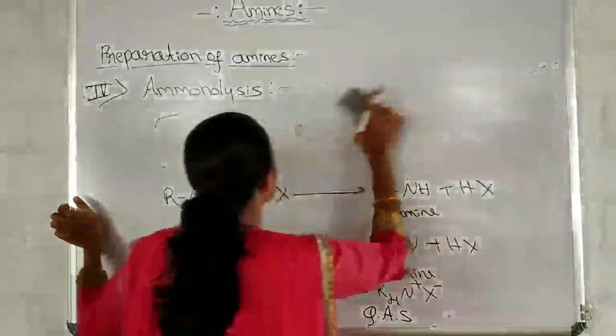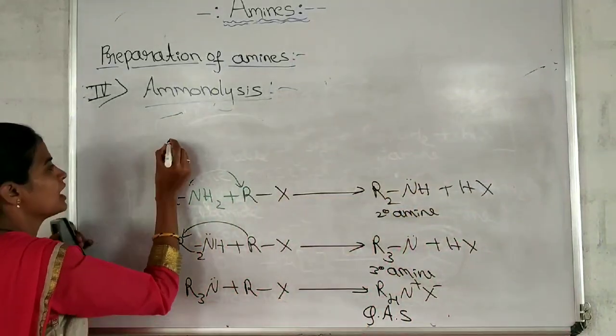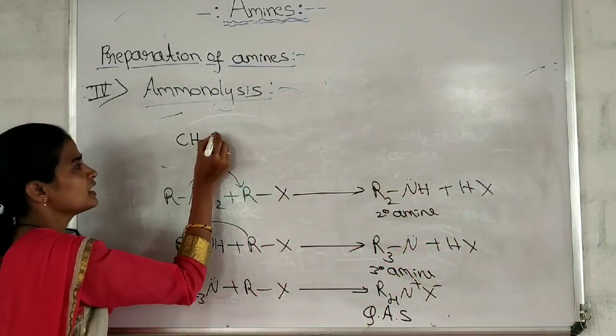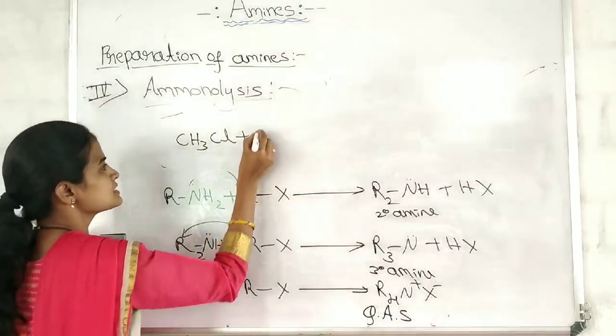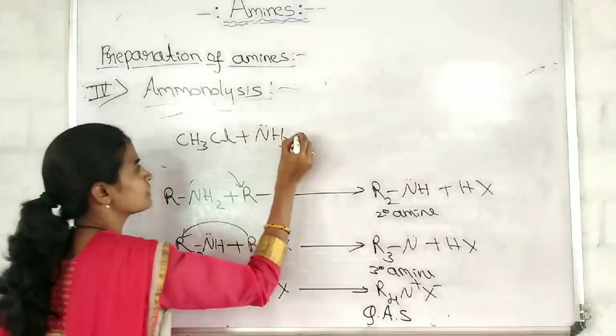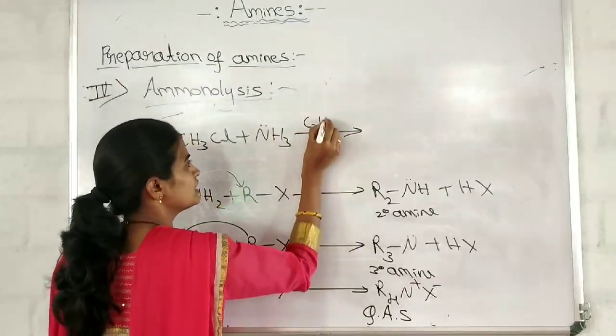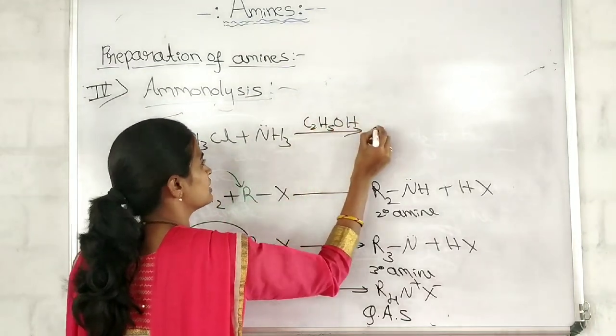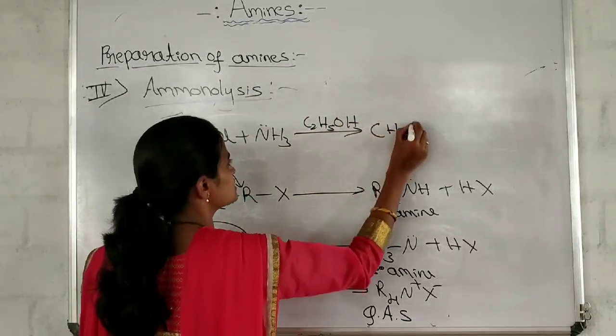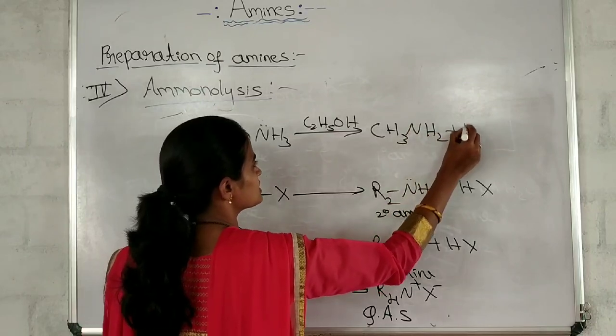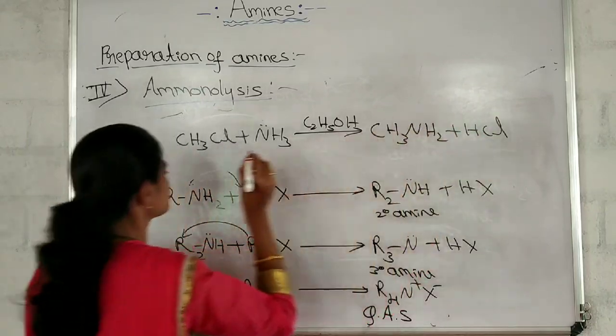An example also we can write. See, CH3Cl reacts with ammonia in the presence of ethyl alcohol. What does it form? CH3NH2 plus HCl.